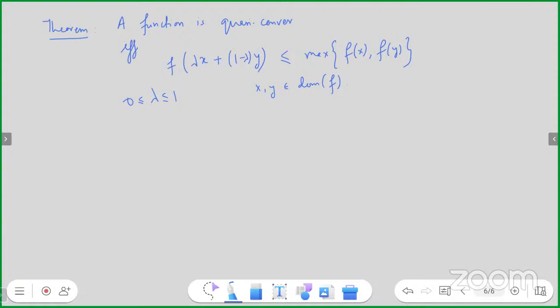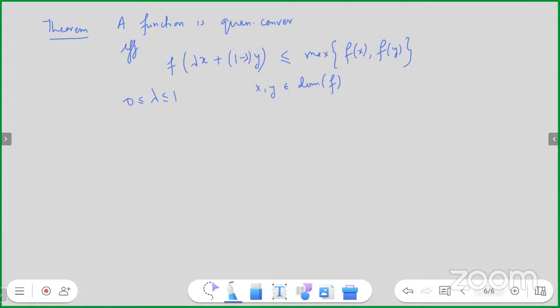What is the interpretation here? The right-hand side is no longer the chord. It is above the chord. If we have a chord joining f of x and f of y, then the max value is even above the chord.